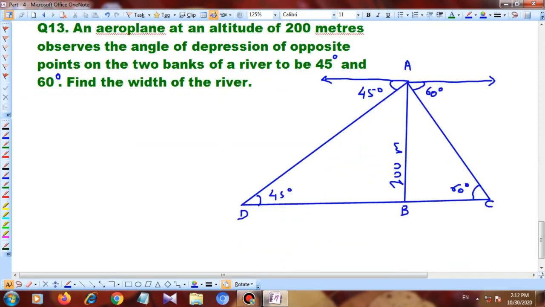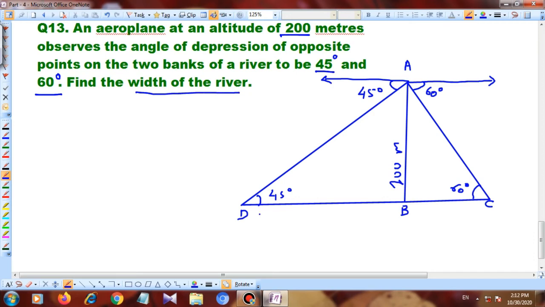Now, our next question is, an aeroplane at an altitude of 200 meters observe the angle of depression of opposite points on the two banks of the river to be 45 degree and 60 degree respectively. Then find the width of the river.